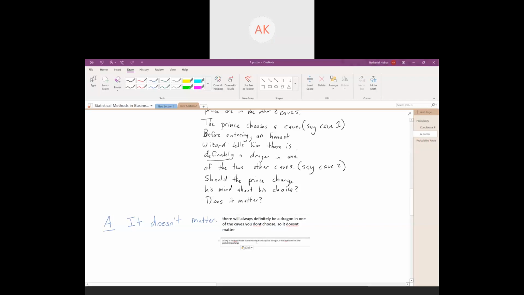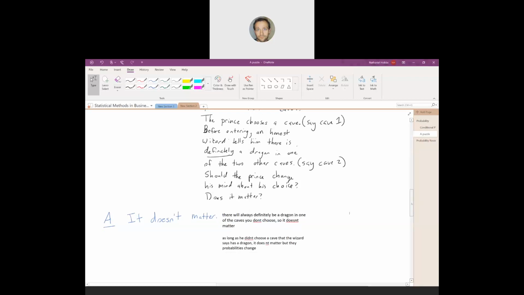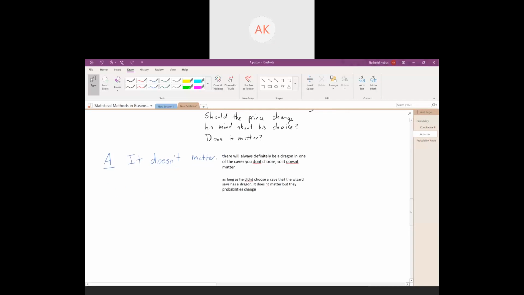So as long as he didn't choose cave 2 and then the wizard says cave 2 has the dragon, then it doesn't matter, but like I said, the probabilities will change. What do the probabilities change to? Well, then there'll only be two scenarios. You either have princess dragon or dragon and princess.